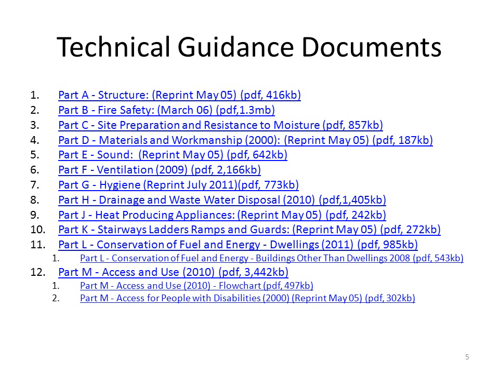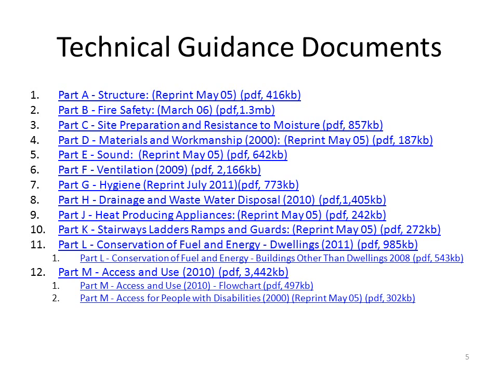Part A is structure. Part B, fire safety. Part C, site preparation and resistance to moisture. Part D, materials and workmanship. Part E, sound. Part F, ventilation. Part G, hygiene. Part H, drainage and wastewater disposal. Part J, heat producing appliances.